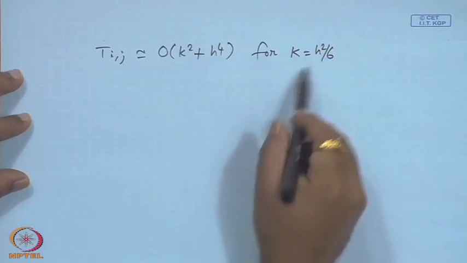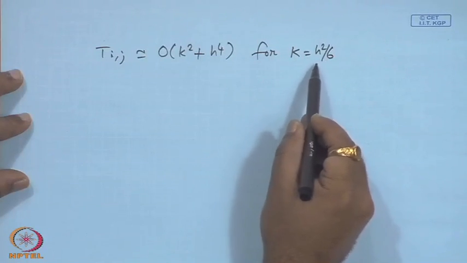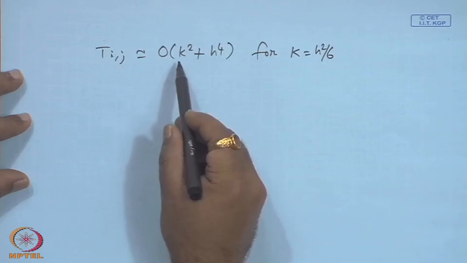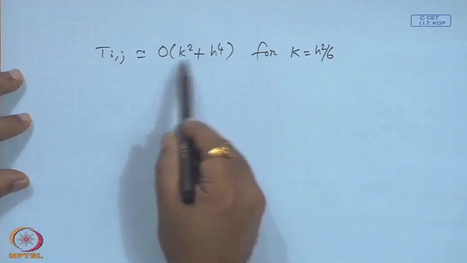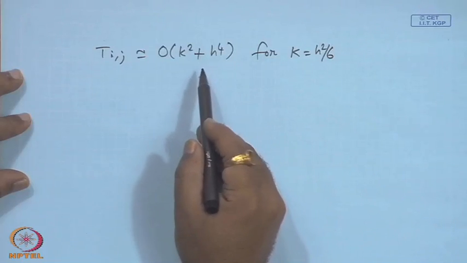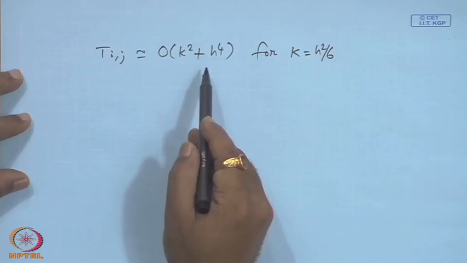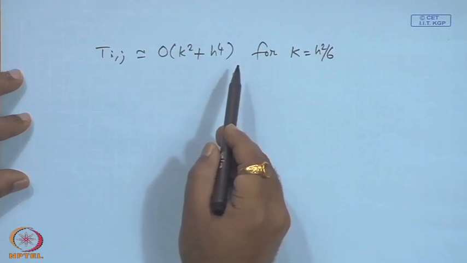That means if you choose your discretization such that k is h square by 6, then we improve, because the next non-zero term has gone one step further. So, the error is getting minimized. Therefore, there is an improvement.